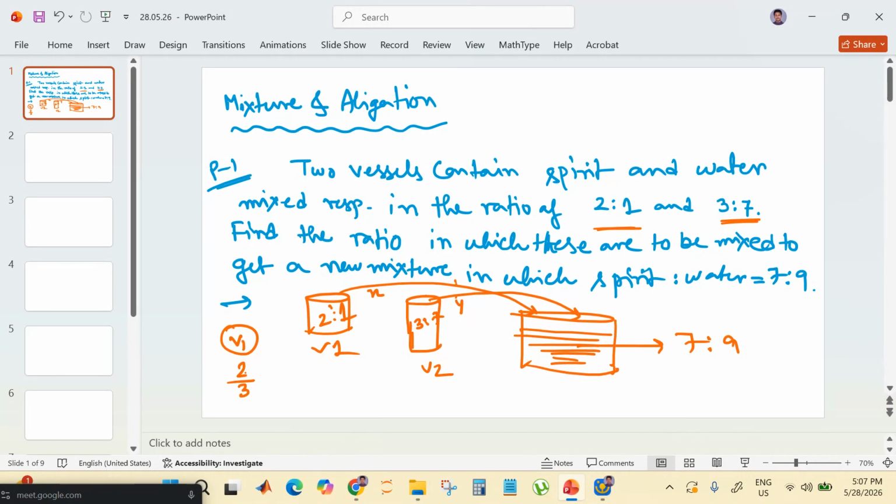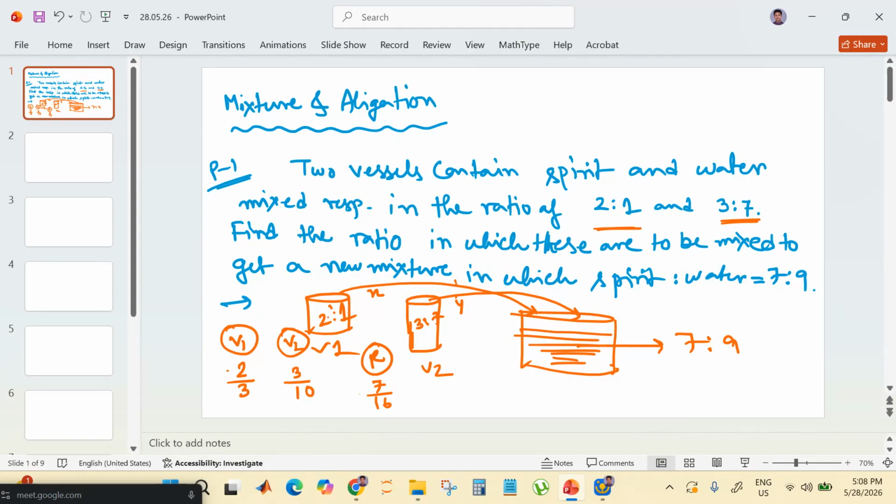So 2 by 3 is the ratio of spirit to the whole solution in V1. Similarly for V2, it is 3 by 10. And for the ultimate solution, the result, it should be 7 by 16. So these three pieces of information are needed.